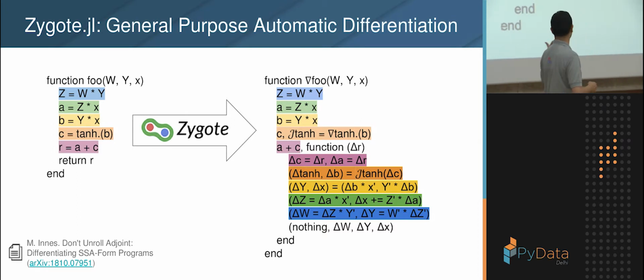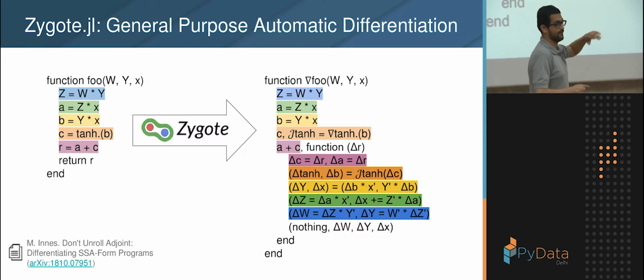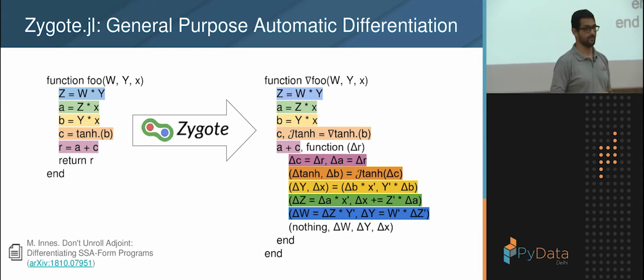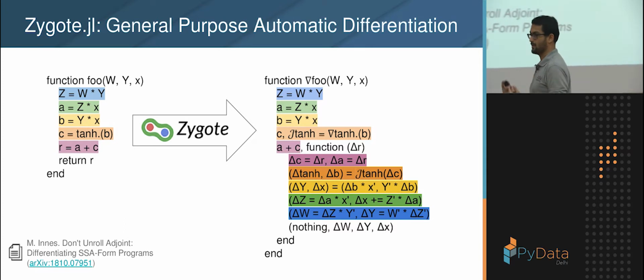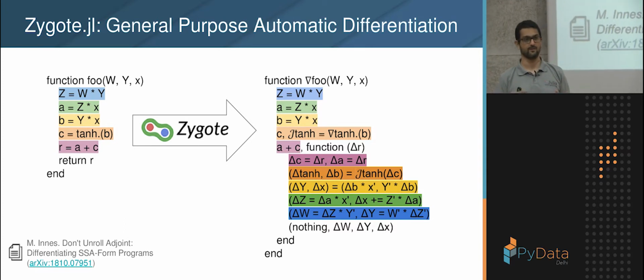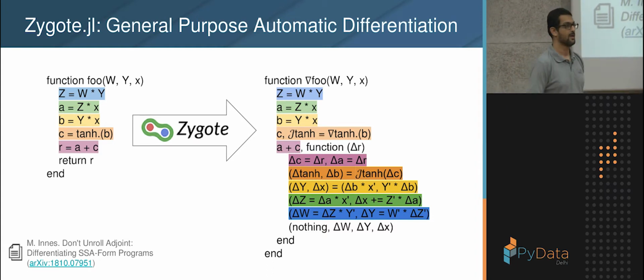So the Julia compiler can parse that program, understand and reason about it, and produce this program on the side, which not only evaluates the function foo here, but also the gradient of foo, or the derivative of foo. And that's exactly what it takes to calculate it. The key is doing it automatically. The moment you can do it automatically, you have raised the level of abstraction, and now you can apply these techniques not just to neural networks, but to a broader class of problems.